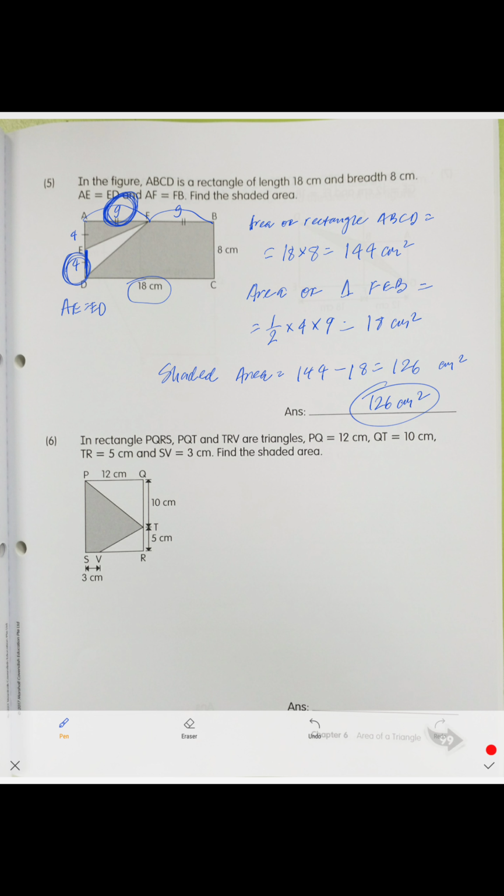Next problem. Here is a rectangle PQRS. You can see that the shaded area that we need to find is the rectangle minus these two triangles. So that's very simple. First, let's find the area of our rectangle PQRS.